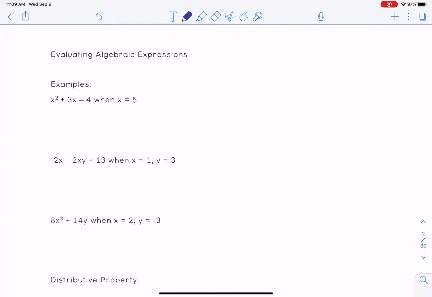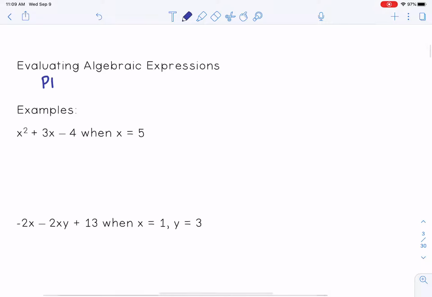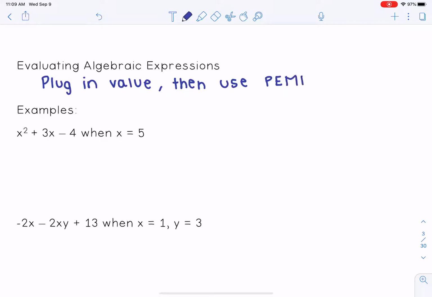Next, we get into evaluating algebraic expressions. So what we're going to do is plug in the value that we want to evaluate it for, and then we're going to simplify using PEMDAS. When I plug in anything, I like to use parentheses when I do it.